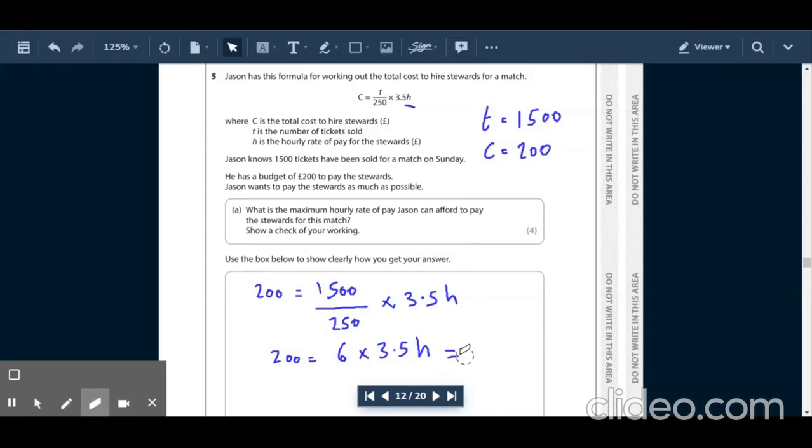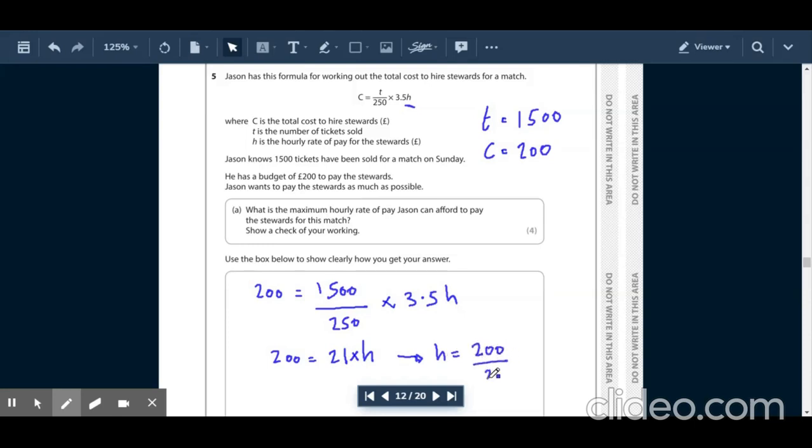So once I've worked all of this out, it's just going to become 200 is equal to 21H, 21 times H. And I can say that the opposite of multiplying it by 21 would be dividing it by 21. So from there, I can say H, the hourly rate, is equal to 200 divided by 21.